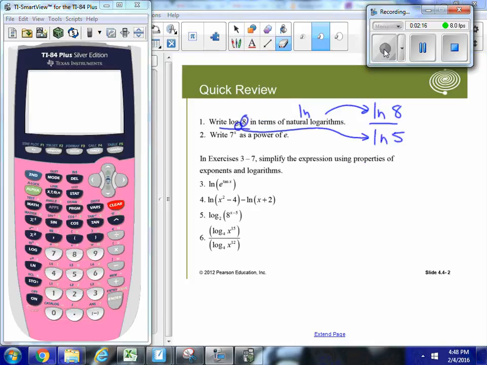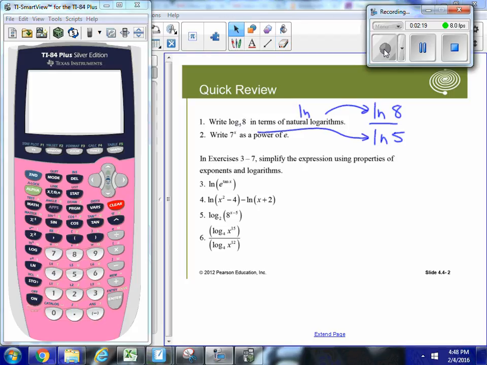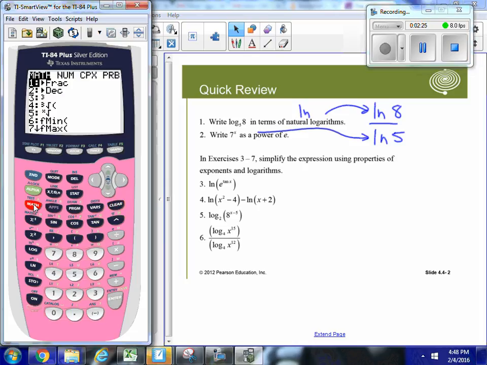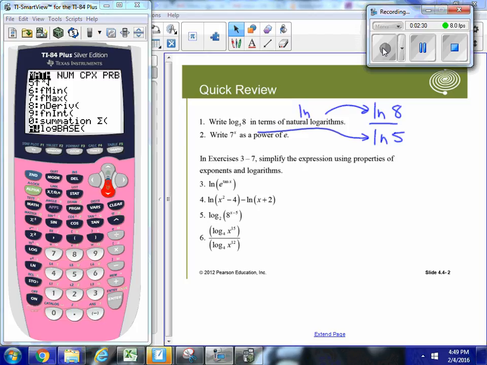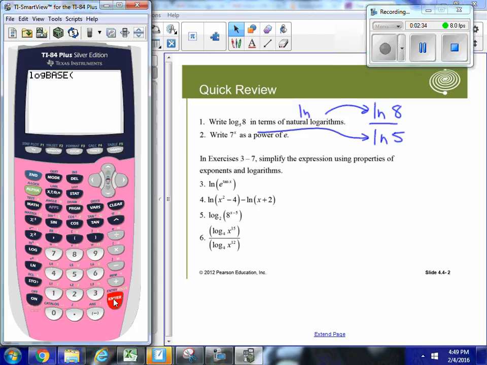Just to show you on a calculator, there is a function. If I needed an actual number for this, I could push math and scroll down to H, and I have a function in my calculator called logBASE. So if I wanted log base 5 of 8, I enter 8, comma, and the base is 5, put a parenthesis, and press enter, and it gives me the number answer.